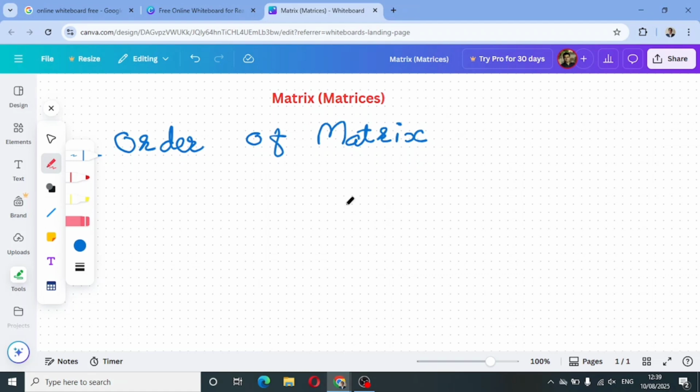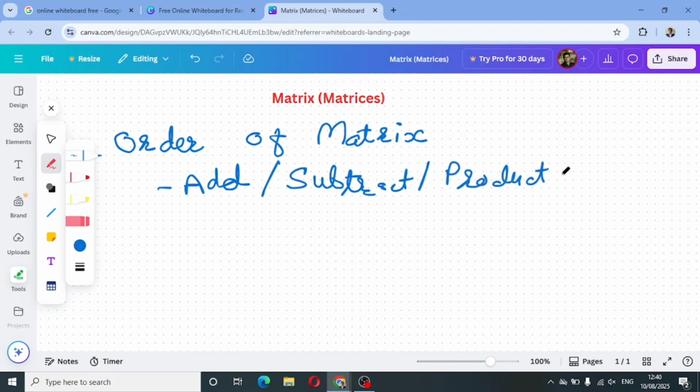It is very important when you do different kinds of operations on the matrix, like if you want to do addition, or you want to subtract matrices, or you want to multiply, means to find the product, or you want to do inverse or transpose.